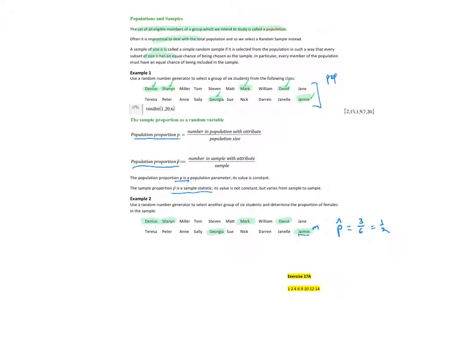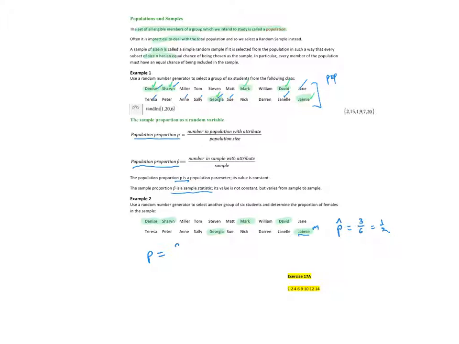Whereas the population proportion, P, well, how many females have I got? I've got 1, 2, 3 for Jane, Teresa 4, 5, 6, 7, 8, 9. I'm going to say 9 and leave Jamie as male.